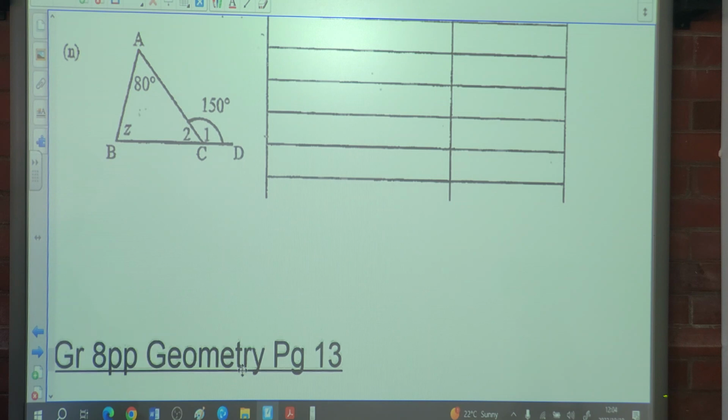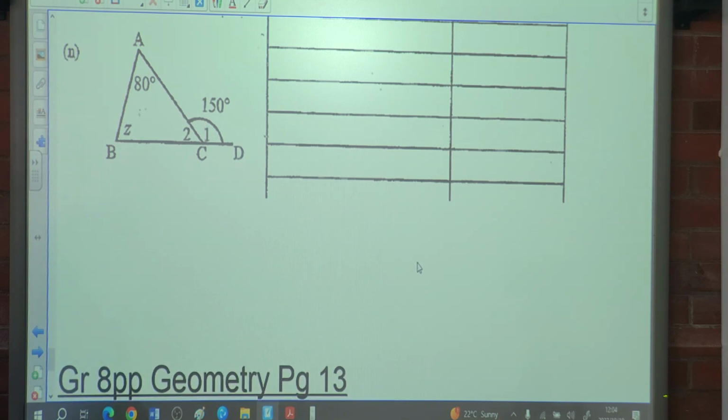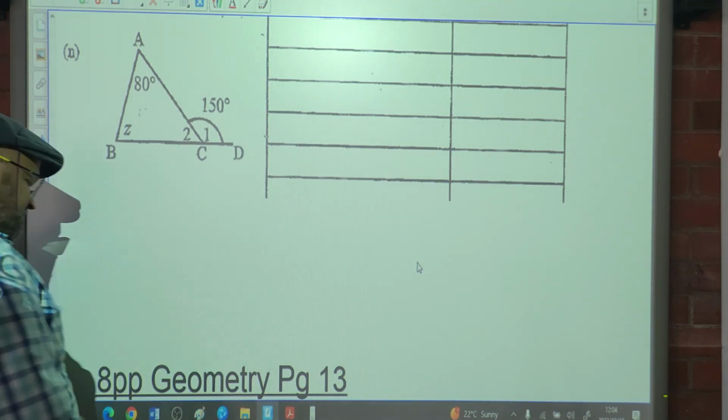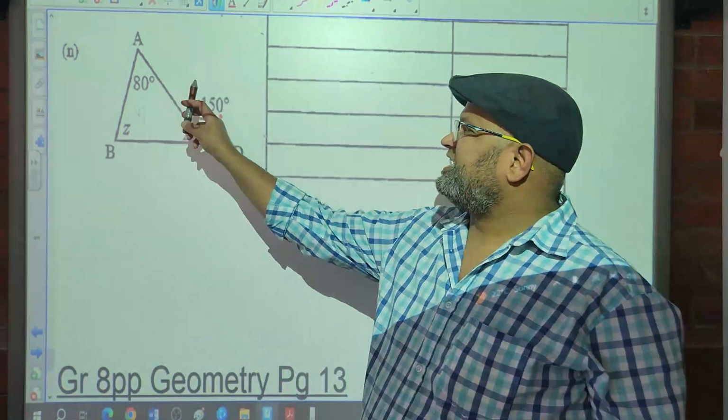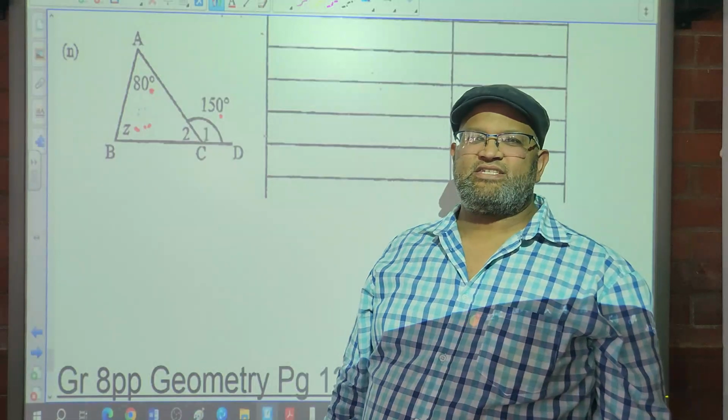Are you going to calculate this one? Again, you can work out exterior angle equal to the sum of the two interior opposite angles. You guys understand?